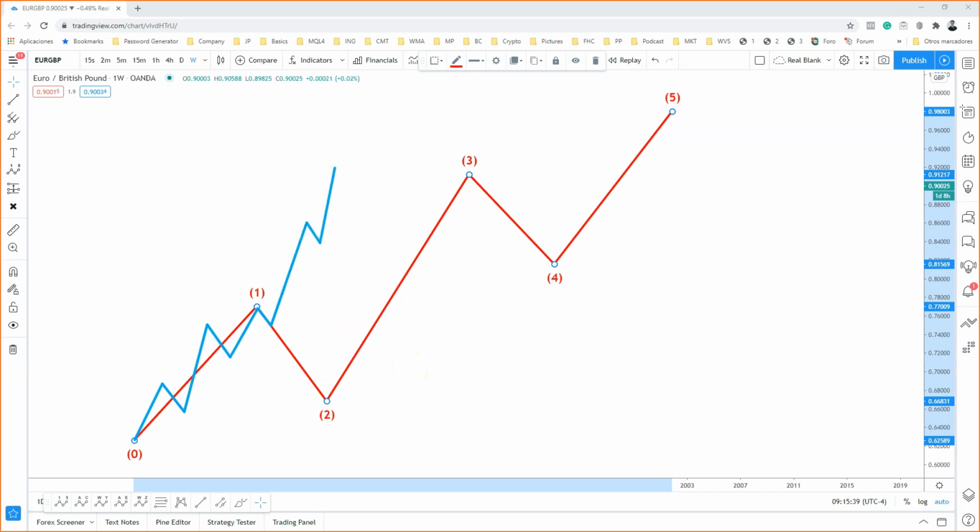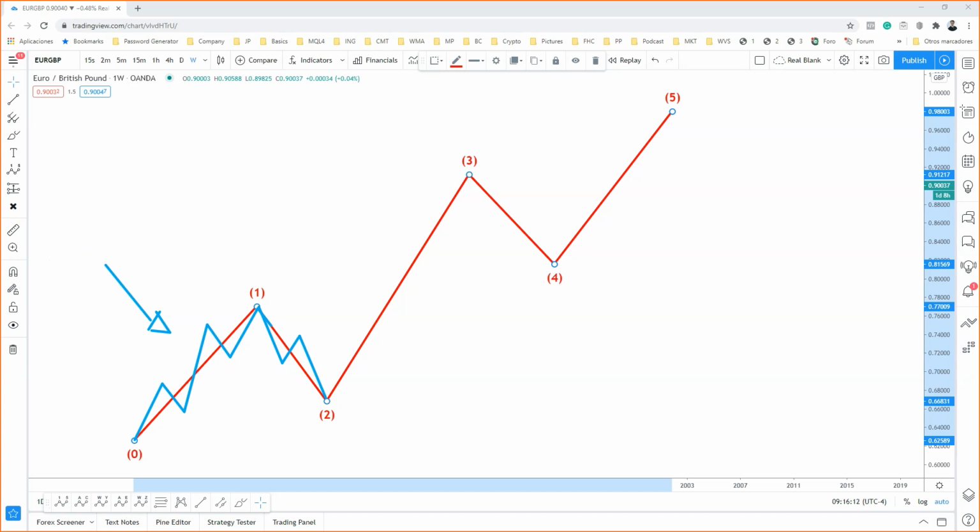All right? So instead of having that mindset, what if you find the impulse like here, what if you start doing something different? What if you say, I'm going to buy after seeing a 3-wave sequence for the wave 2?